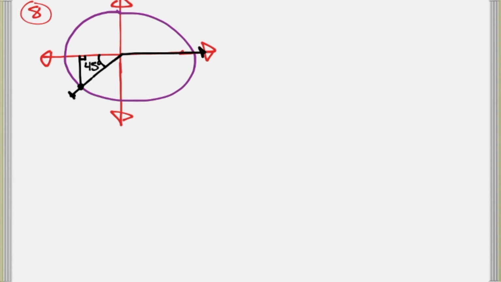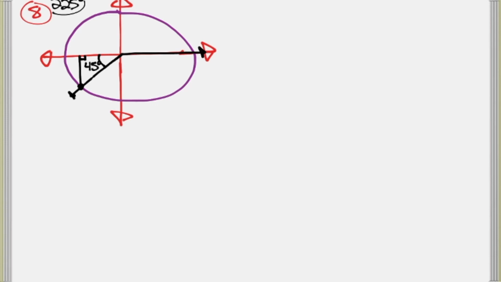We're not using the original angle of 225 degrees because on number 8, all it gives you is 225 degrees. That's all the problem gives you, and it's saying find all 6 trig functions using the unit circle for that angle. You have to find the reference angle, meaning the terminal side to the x-axis, and then you use that reference angle to go to your chart and find sine, cosine, tangent, and so forth.